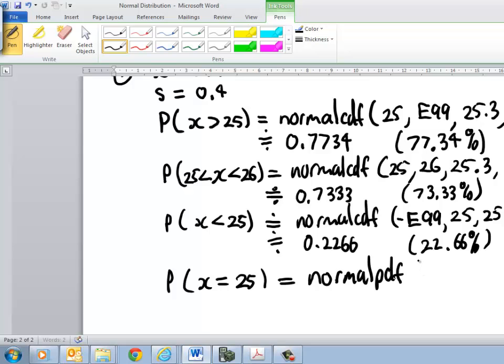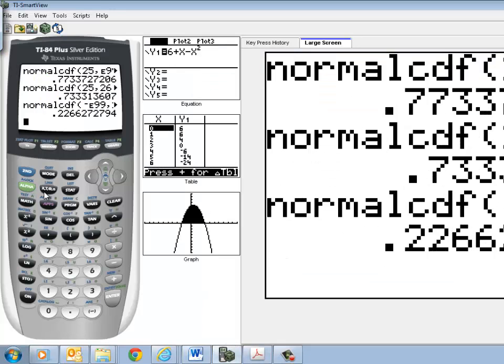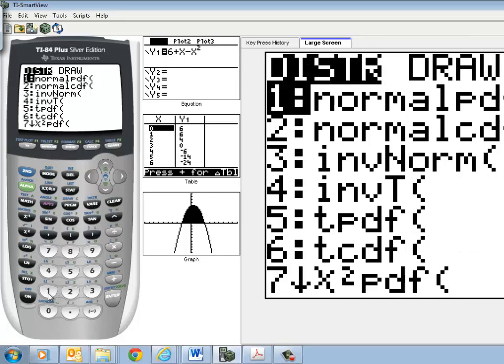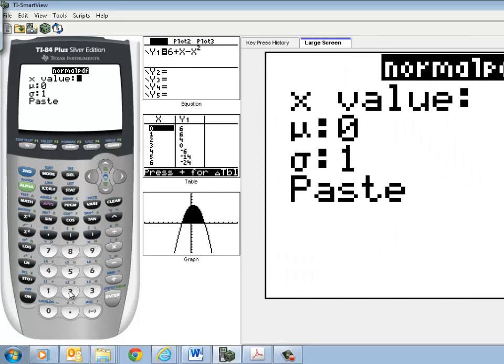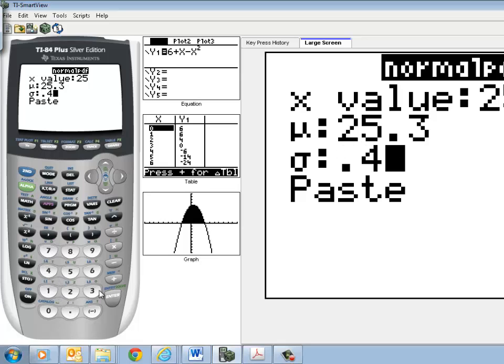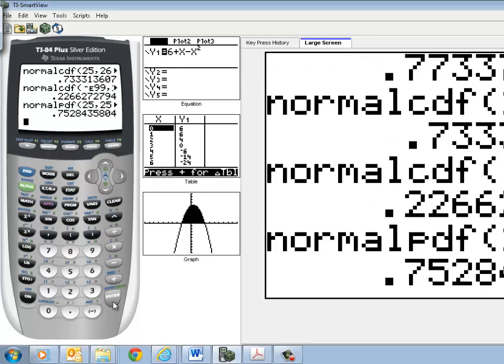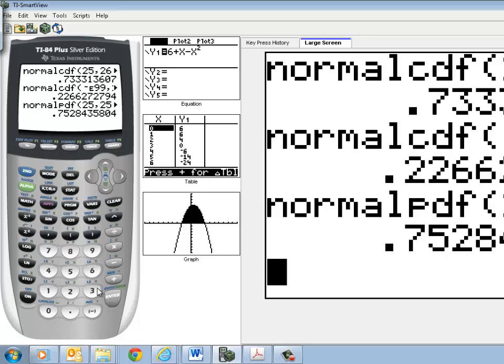Okay, so that's looking for a specific value, so that'll be 25, put in our mean value 25.3, a standard deviation of 0.4, so go back to our calculator, go to the distribution, so this one is number 1, right, so put our value of 25, mean value 25.3, a standard deviation of 0.4, enter. So we've got a 75.28% chance of actually getting a nail which is in fact that length.